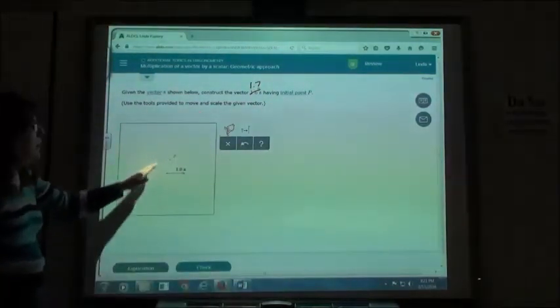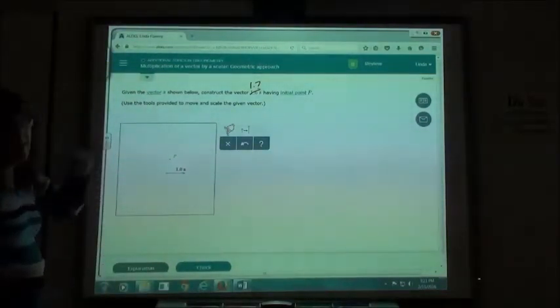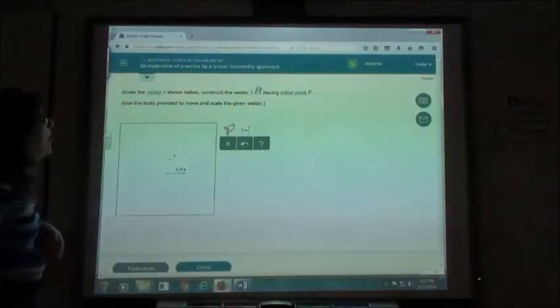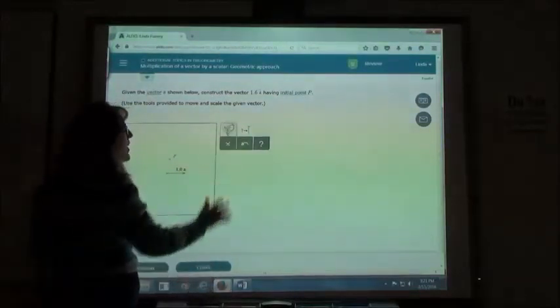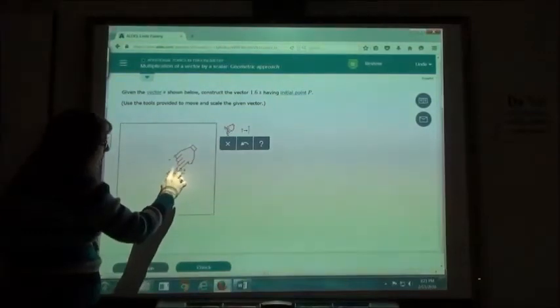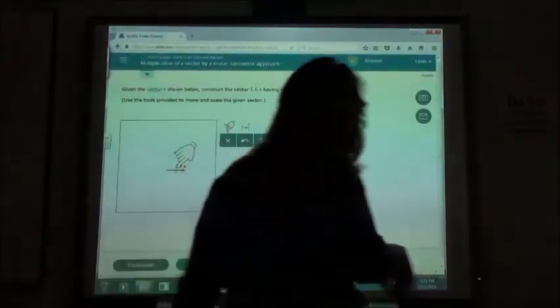So I know my arrow's going in a different direction, but just to give you an idea, I'll just do this one here. I'm going to use this tool right here first to move it. So I'm going to grab this, and it doesn't want to cooperate, so I've got to use my mouse.